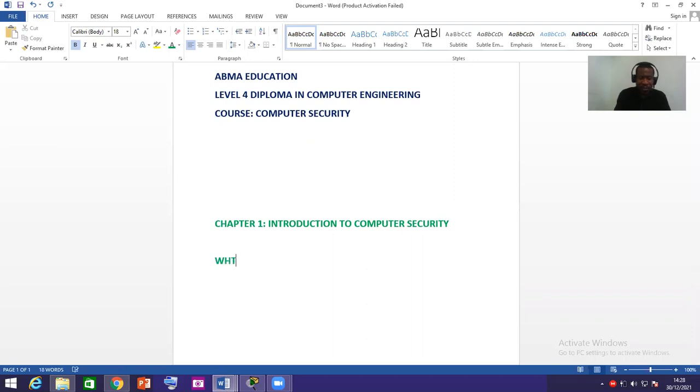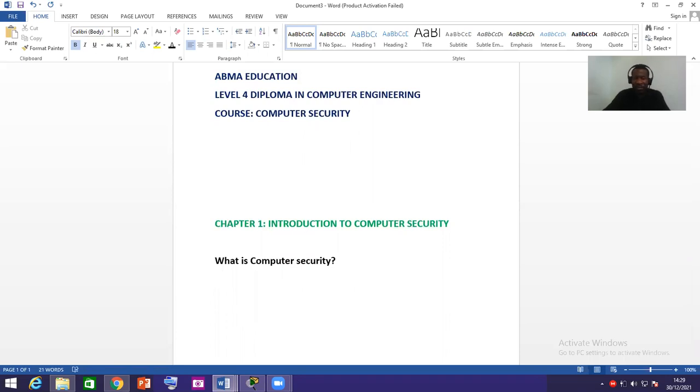What you need to understand first is what is computer security, right? What is CS? When we're talking about computer security, what does it mean? You don't need to memorize so many concepts. It's very, very simple.